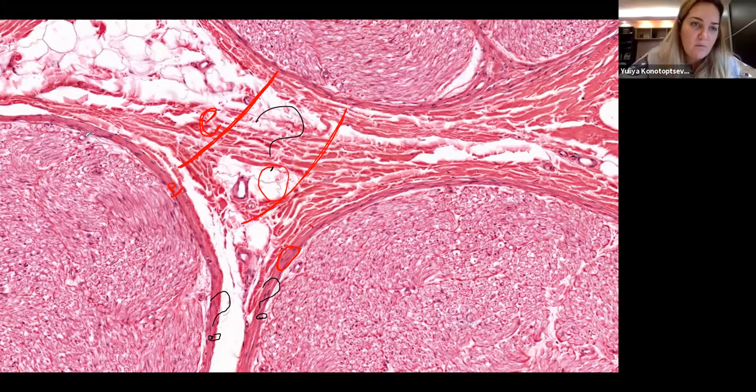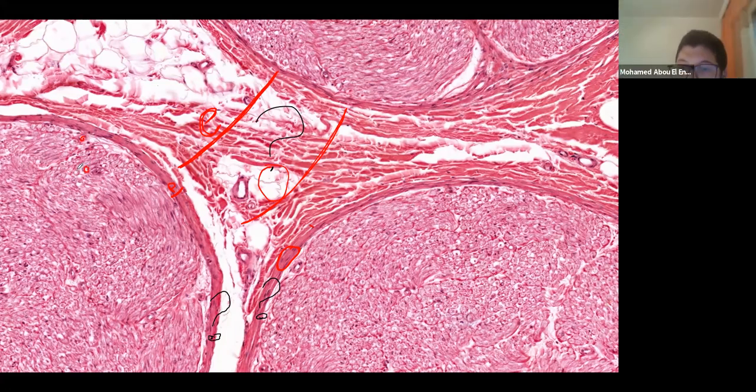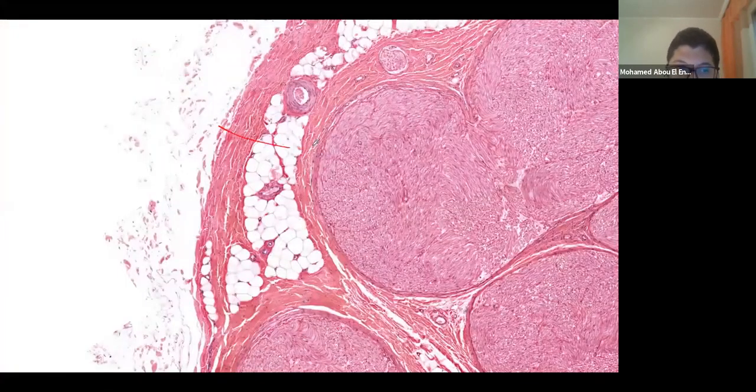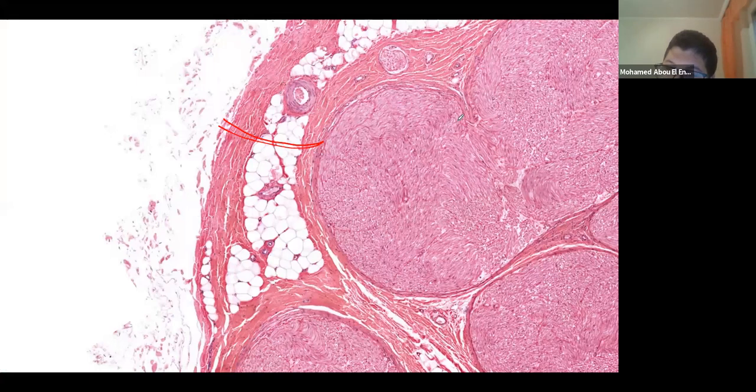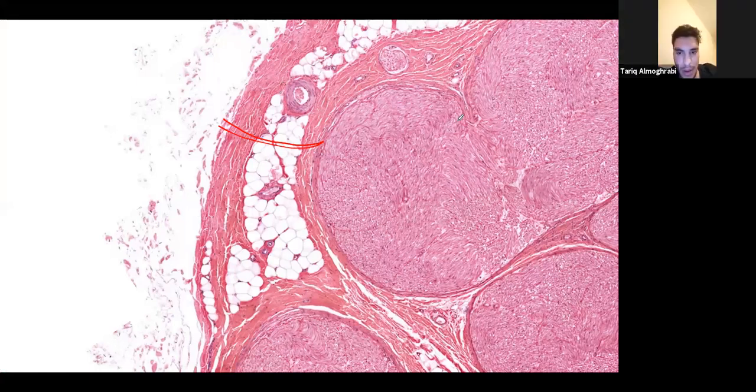Okay, what are these? Axons. What's this? The epi. This is the epineurium, dense irregular connective tissue with a bunch of adipocytes and blood vessels, right? The fibroblasts are not shown here in this section.